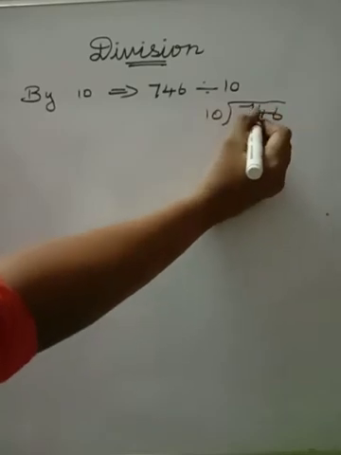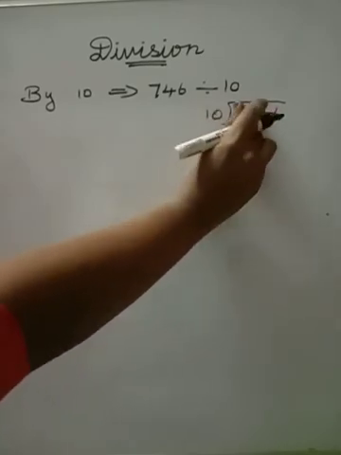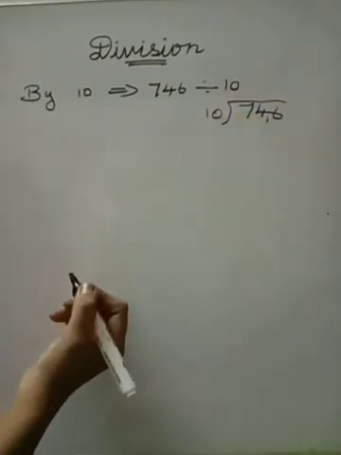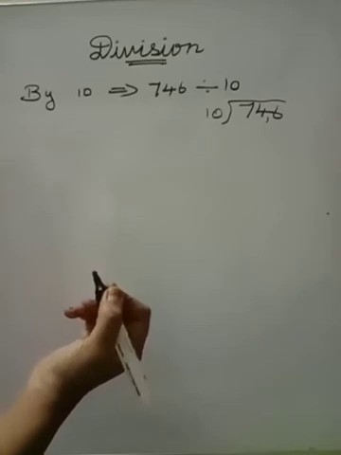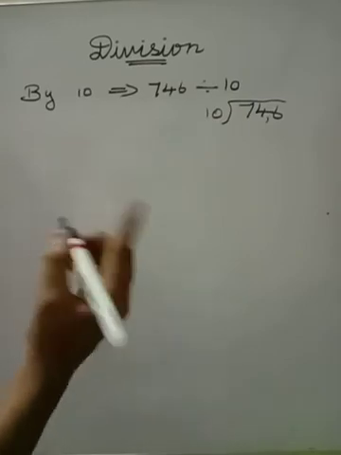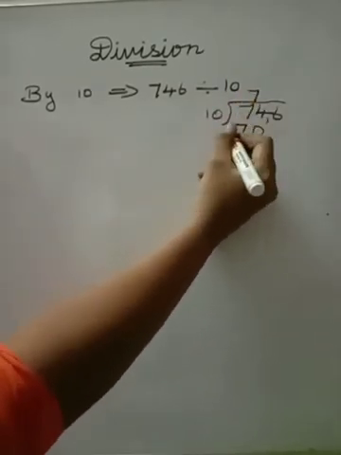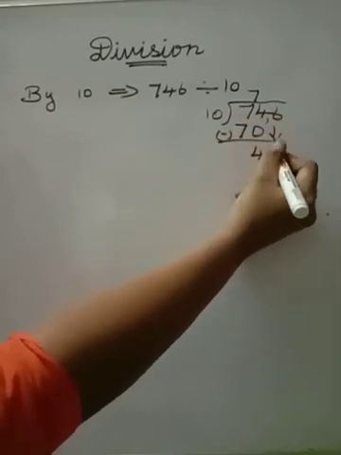Since 7 is smaller than the divisor, we have to take it as 74. 10 sevens are 70, and 10 eights are 80, so 80 is the bigger number. 10 sevens are 70. Subtracting, 4 minus 0 is 4, and here it is 6.